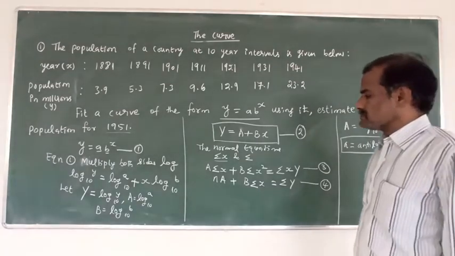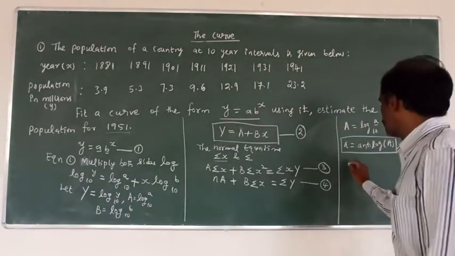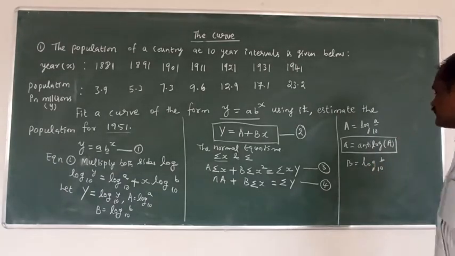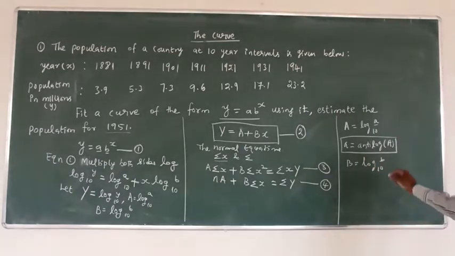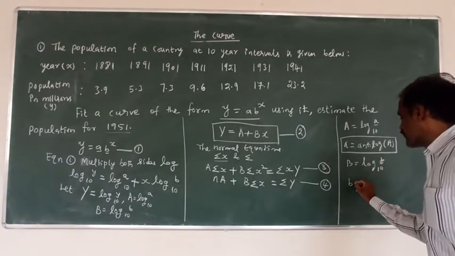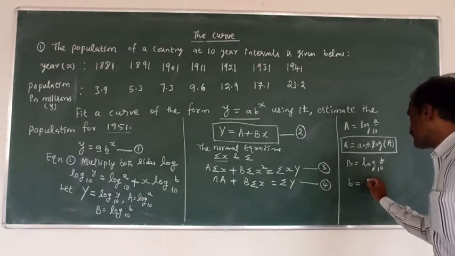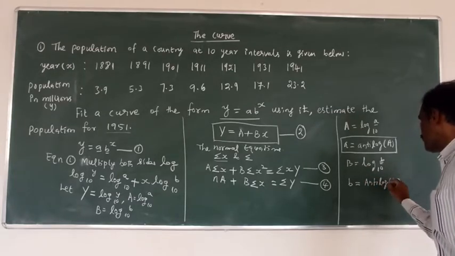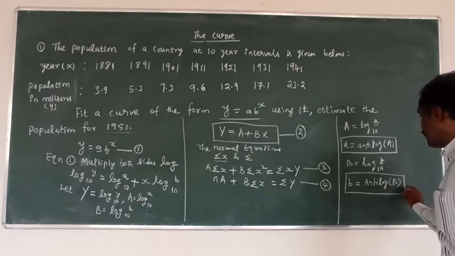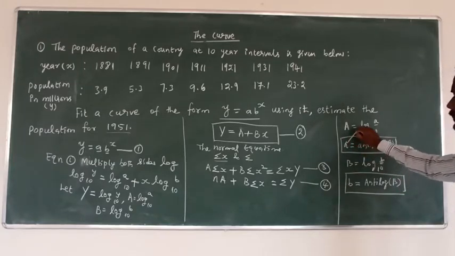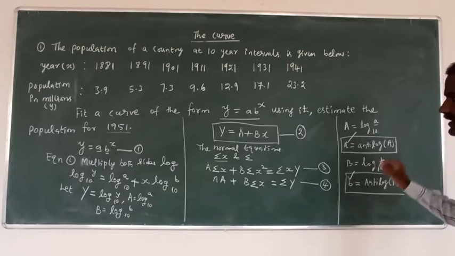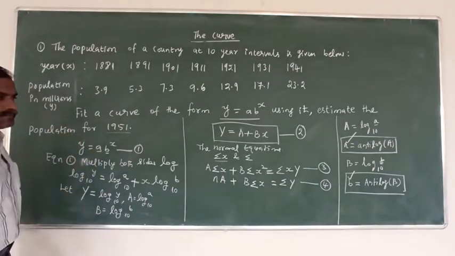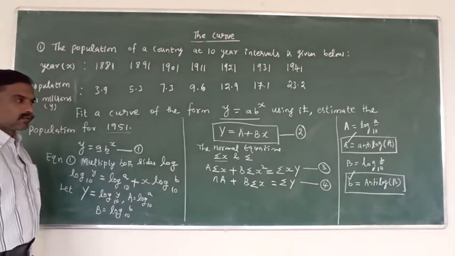Next, capital B equal to log of power b. Since small b is required in the formula, we take the anti-log of capital B. Now small a and small b are substituted in equation 1.